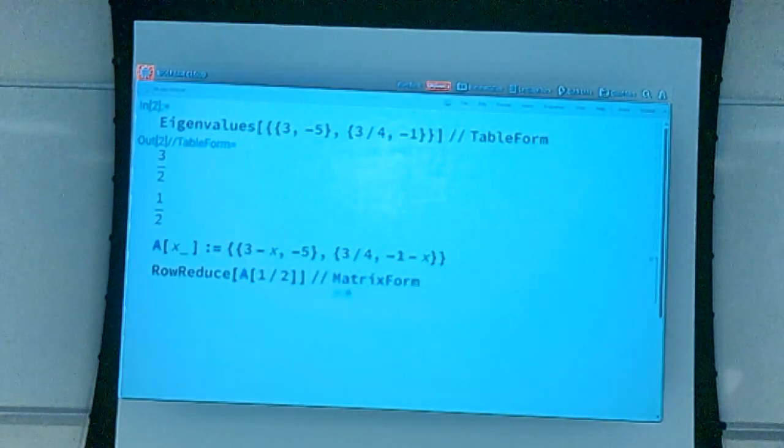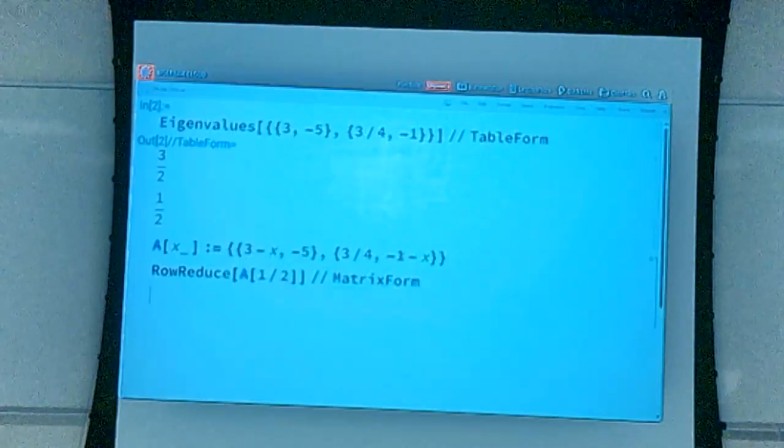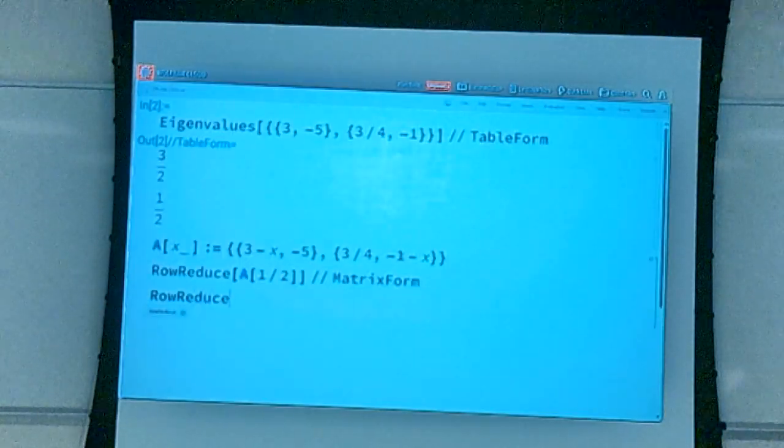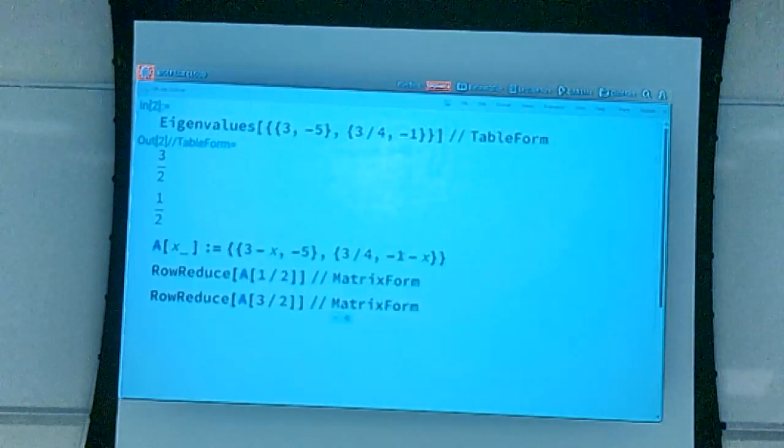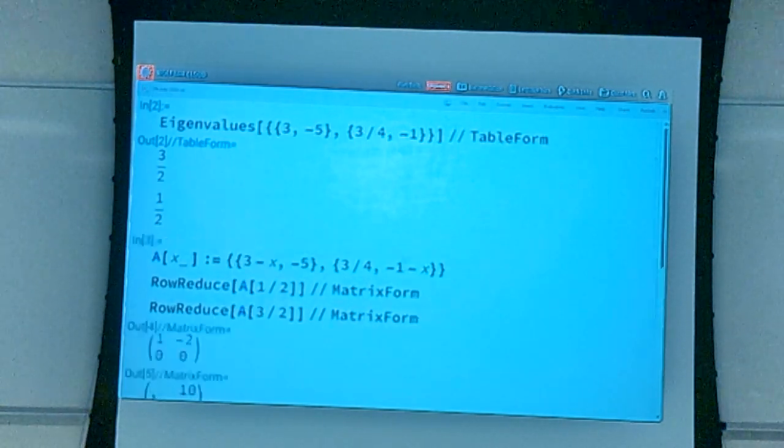I'm going to do two things. Row reduce the matrix for 1/2, and reduce the matrix for 3/2.